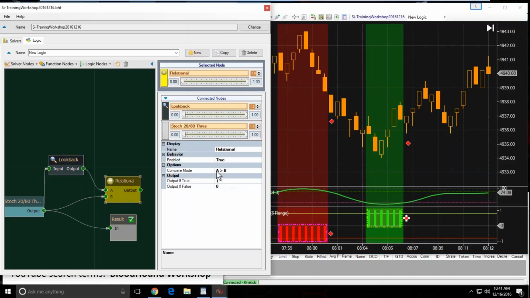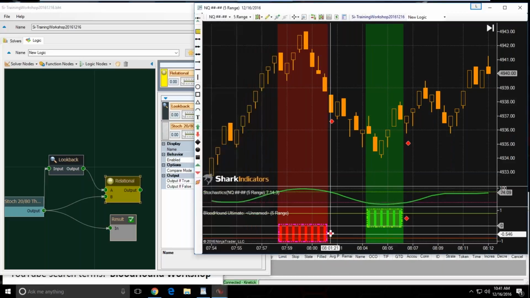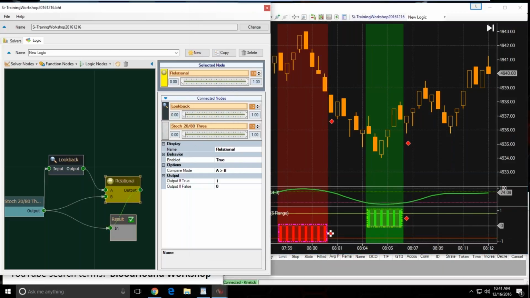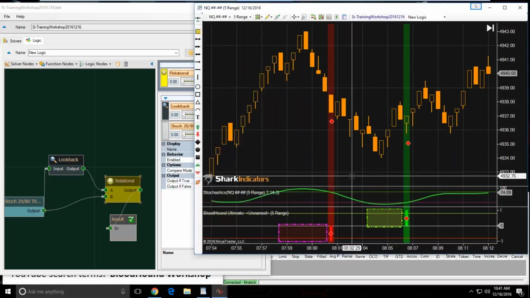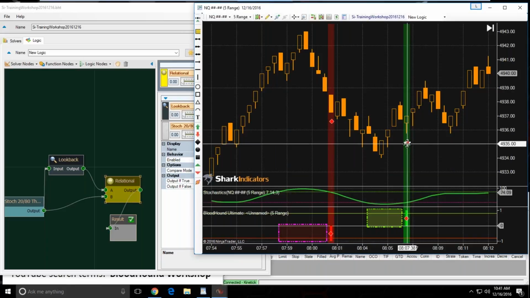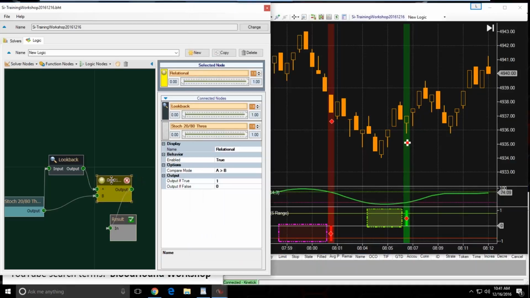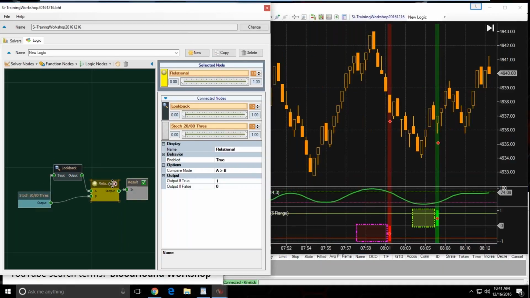So whenever A is greater than B, which will be on this bar here, that's when that condition's met, and therefore that's when we get an output from the relational node. Let's see. So the relational node, we're just using the default settings. I didn't have to change anything. Just using the default settings.